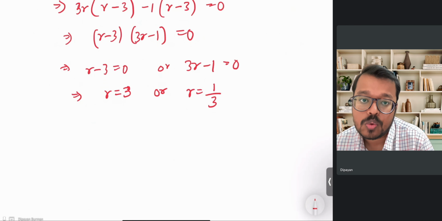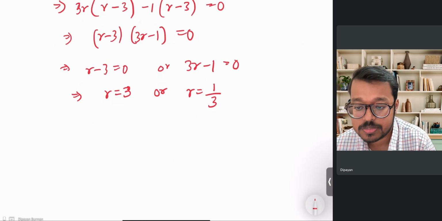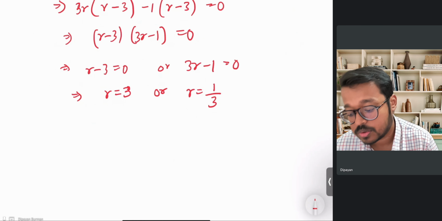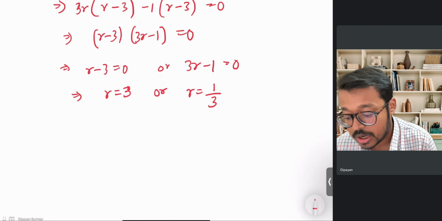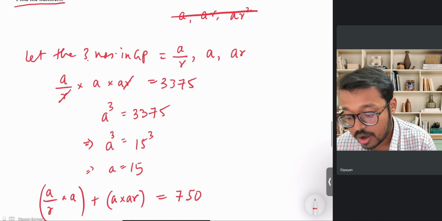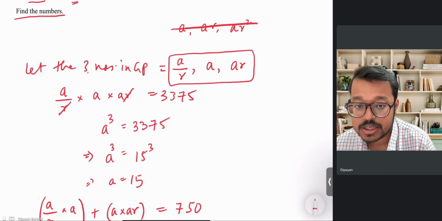Now we are getting two values of R, and both are possible. We can have a common ratio 3, or a common ratio 1 by 3, both are fine. Now they're asking us to write the three numbers. Our numbers we assumed were A by R, A and AR.